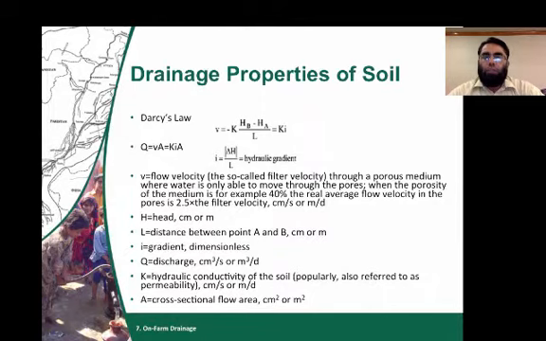The basic equation of Darcy's law is Q = KIA. K is the constant of proportionality in Darcy's equation, and this constant of proportionality has been named as hydraulic conductivity, which is one of the important properties of soil, and this is used in the design of drainage system.